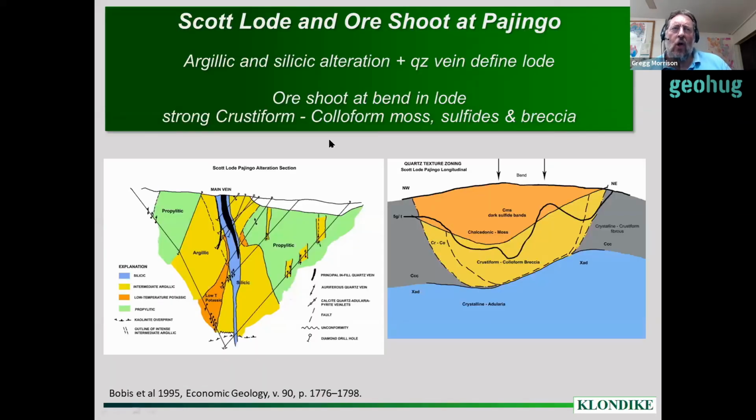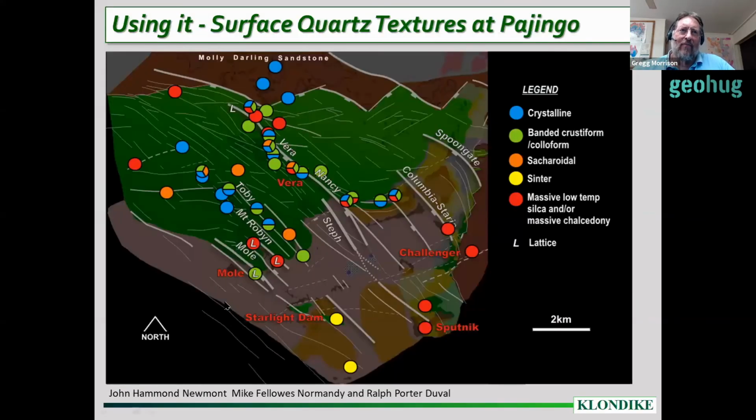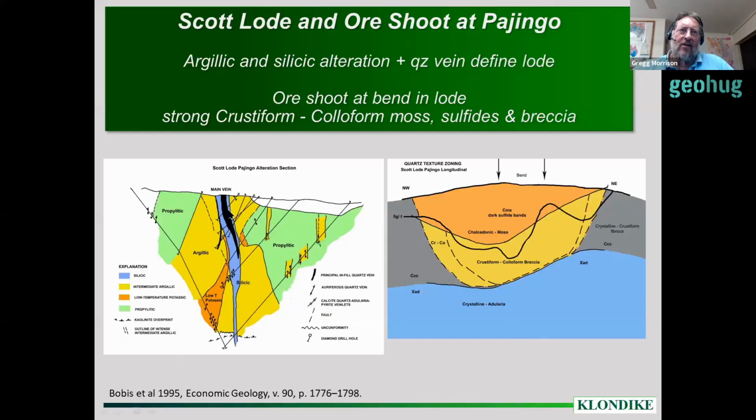Our original work at Pajingo was on the Scott Lobe, which is up at the northwest end, in the thesis by Renato Bobbis. And what was obvious there is the typical epithermal thing, which was part of the original discovery, that you have a central quartz vein with a siliceous alteration envelope, and then a clay alteration envelope around that.